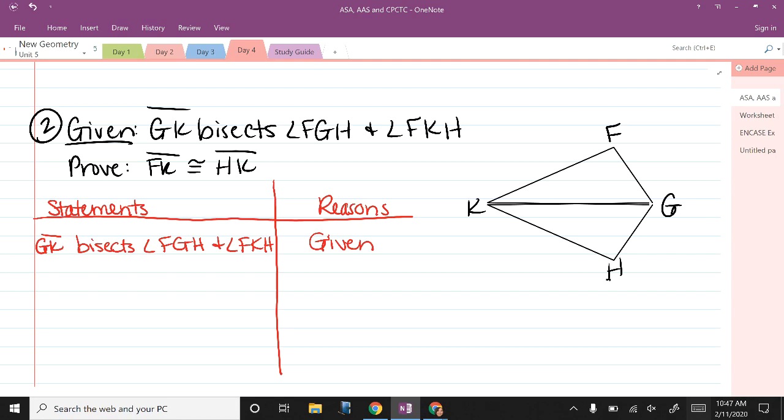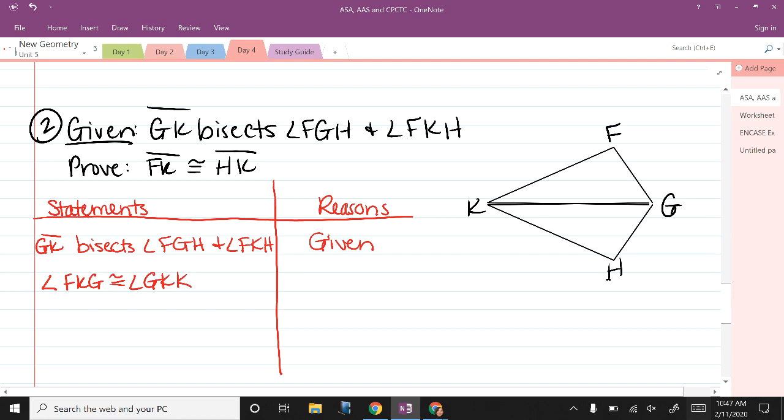So let's just talk about angle K right here. If angle K is being bisected, what two congruent angles does it make? How many letters make an angle? 3, right? FKG is congruent to angle GKH.